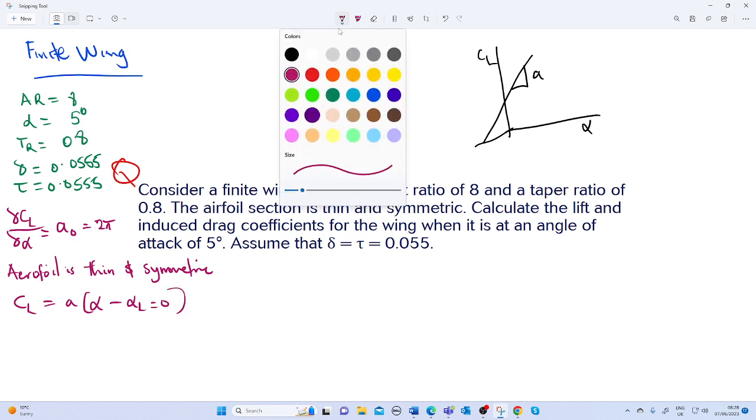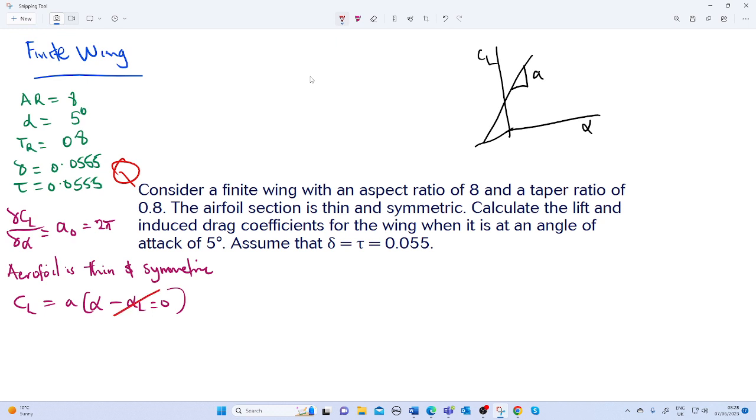So therefore, this becomes 0, and our CL equals A alpha. So now dCL over d alpha equals A.